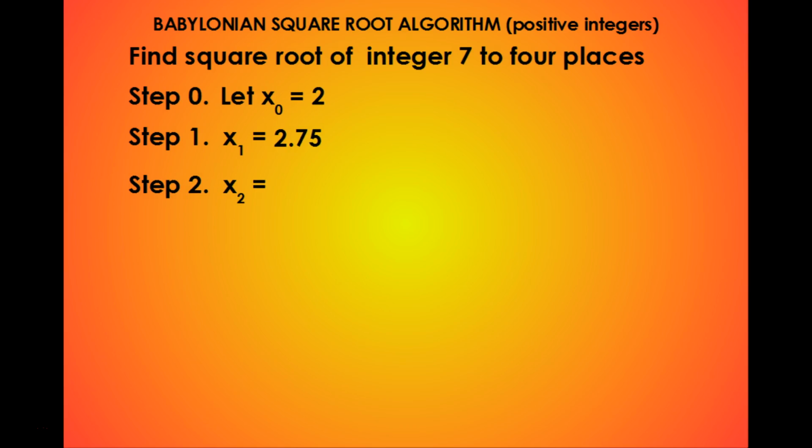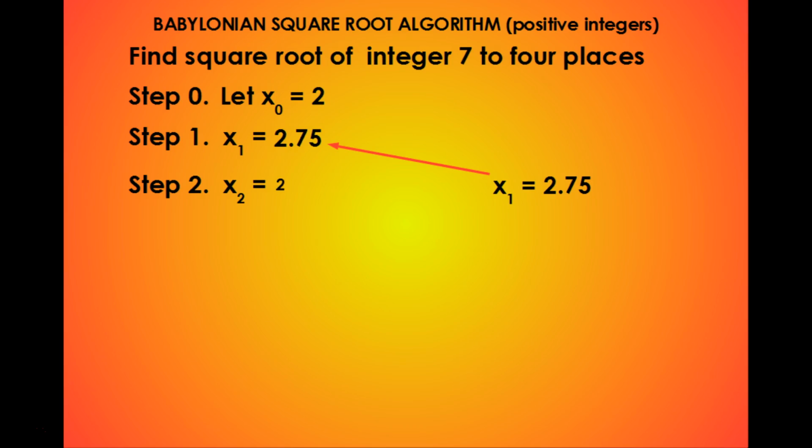Step 2, let x2 equal 7, which is the number we want to find the square root of, divided by x1 plus x1 and everything multiplied by a half. And x1 is the value that was got from the previous step. We make that substitution, we get 7 divided by 2.75 plus 2.75, everything multiplied by a half.